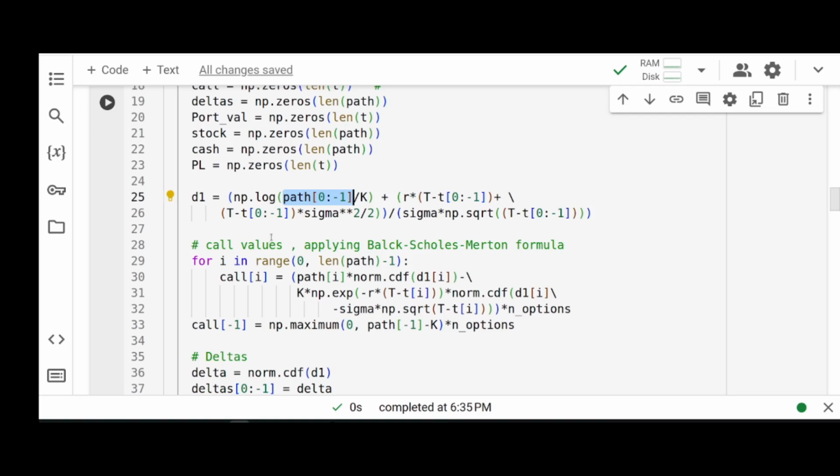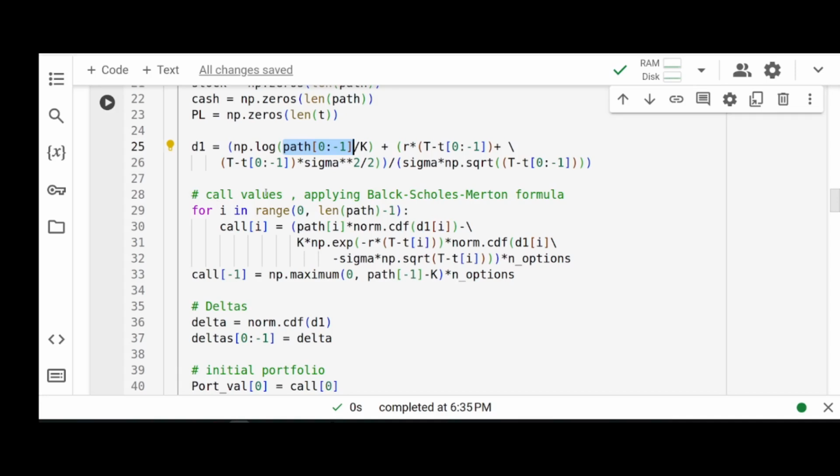Then the call values, applying the Black-Scholes-Merton formula. When the price changes through time, we obtain different call prices. So you see here, this one represents S of t, the stock price, and this one is the CDF, or the cumulative distribution function, evaluated at D1, and D1 is also changing through time.